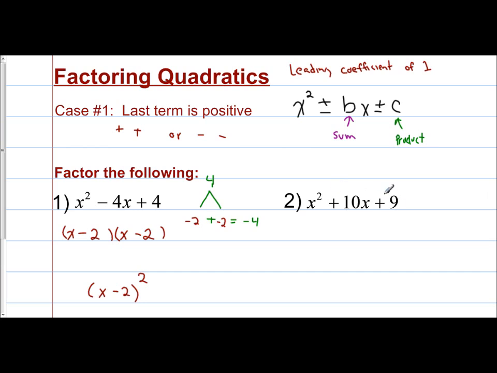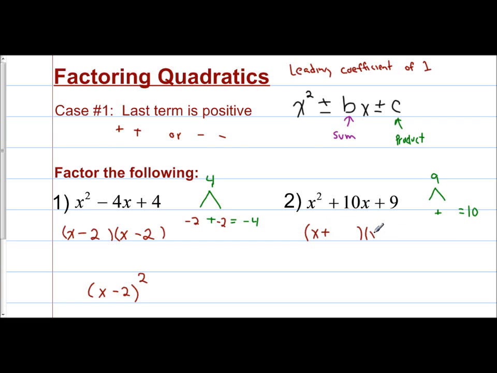Let's try this one. I see here my product is 9. So I want two numbers that are factors of 9 that add up to give me 10. And so you notice it has a positive product and a positive sum. And so what that tells you is they have to both be plus signs.